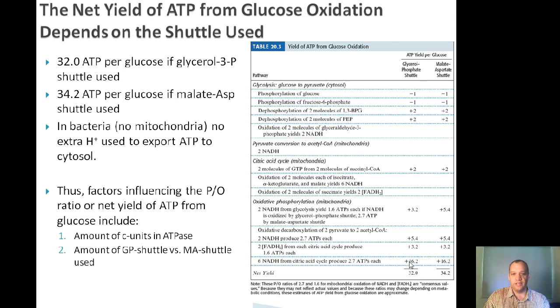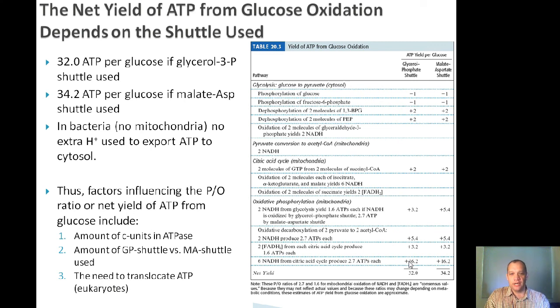Second, the amount of the glycerol phosphate shuttle being used versus the malate-aspartate shuttle, because the glycerol phosphate shuttle turns cytoplasmic NADH into mitochondrial FADH2, versus the malate-aspartate shuttle, which turns cytoplasmic NADH into mitochondrial NADH. And then finally, the need to translocate ATP in eukaryotes, which of course you don't require with prokaryotes.